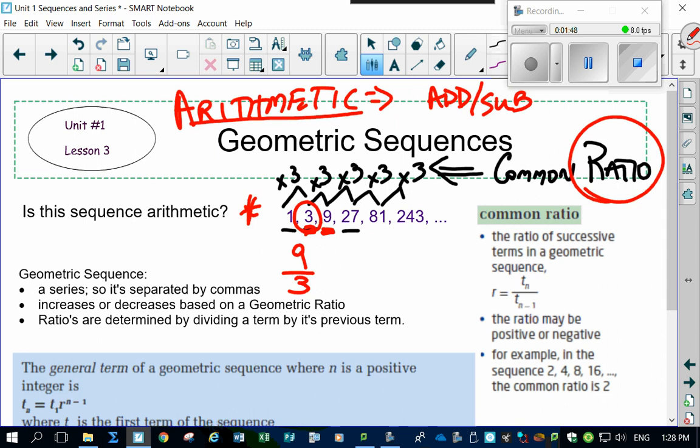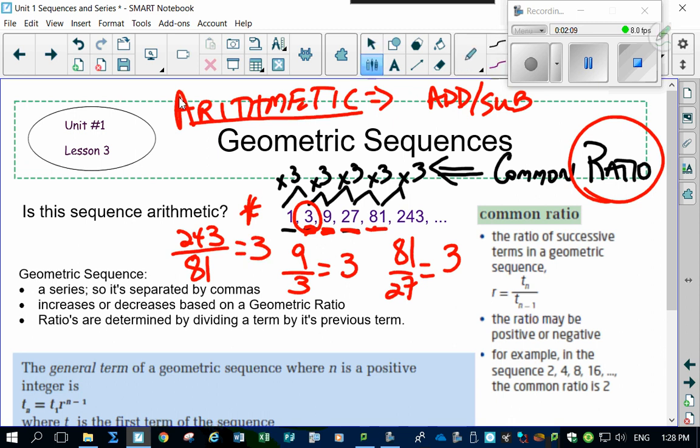So 9 divided by 3, in fact, is 3. You can do that with anything. Take 81 and divide it by 27. 81 divided by 27 is in fact 3. You can even take 243, any term, divided by the term just before it, and you will get 3. So that's really, really important to understand.